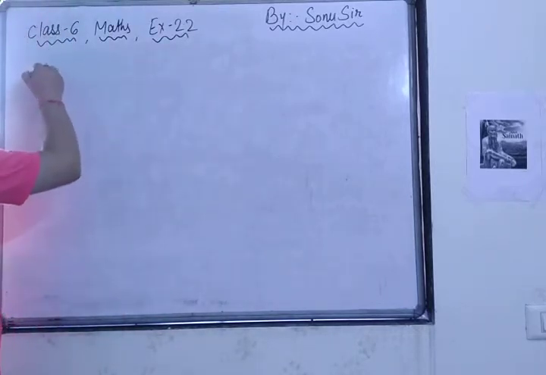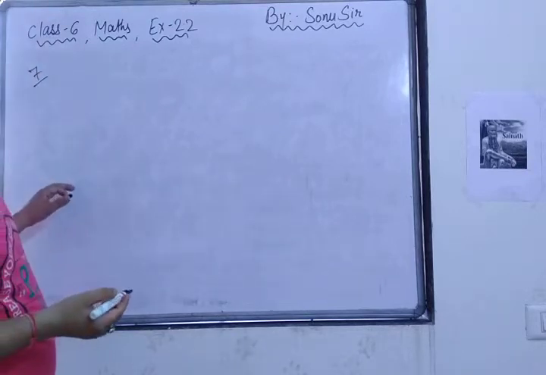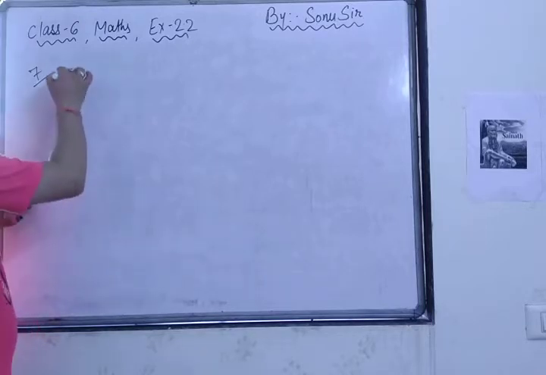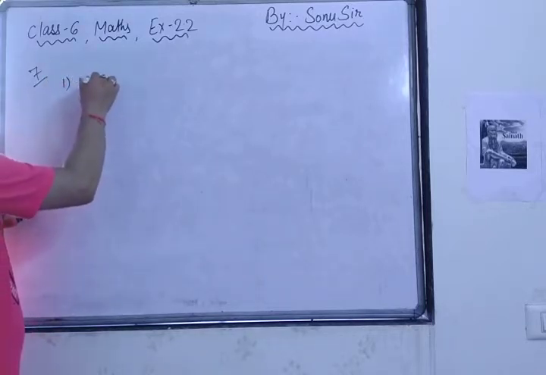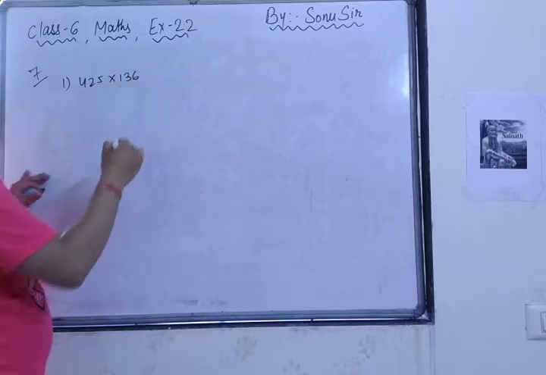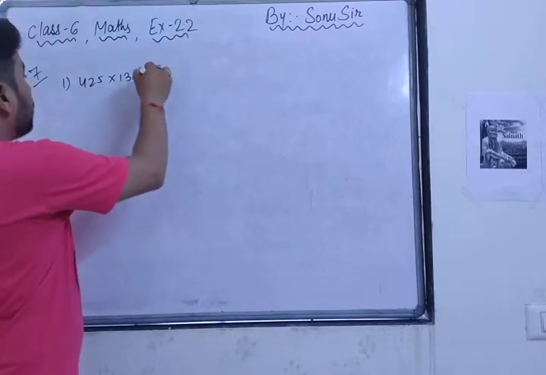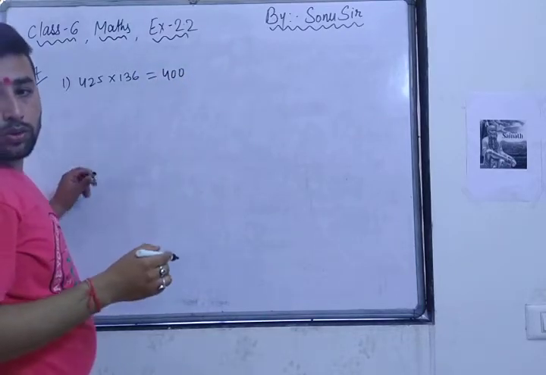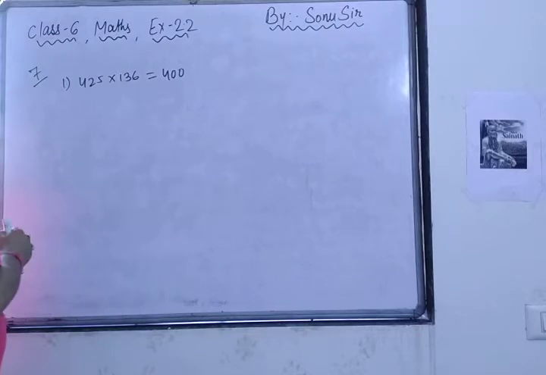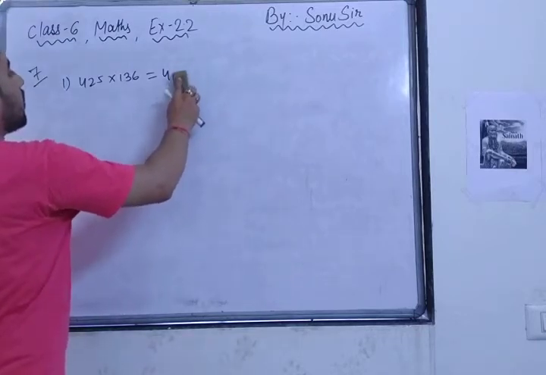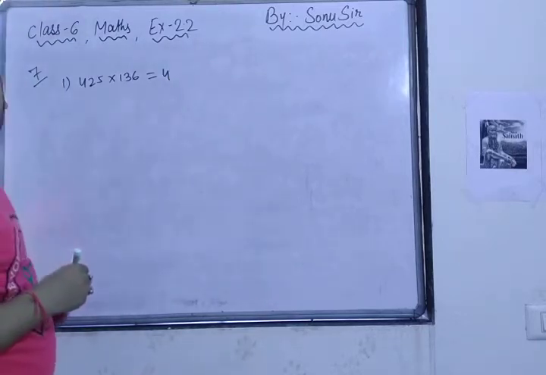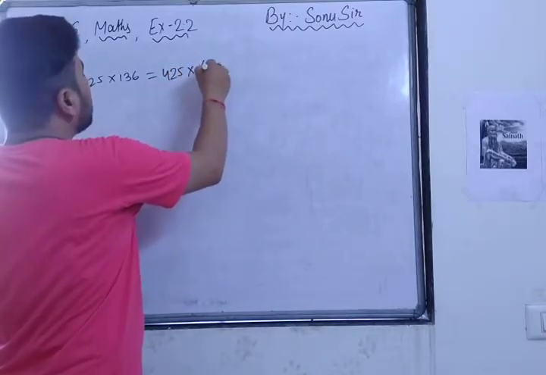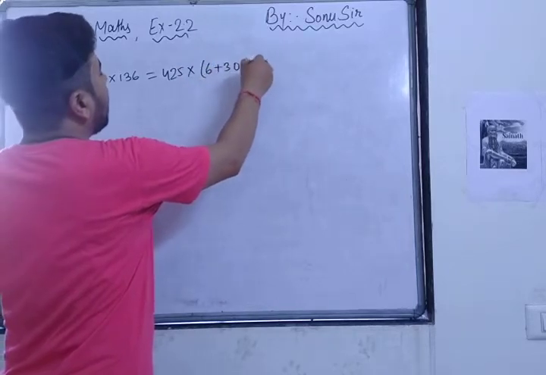The first question is 425 into 136 is equal to 425 into 6 plus 30 plus 100.